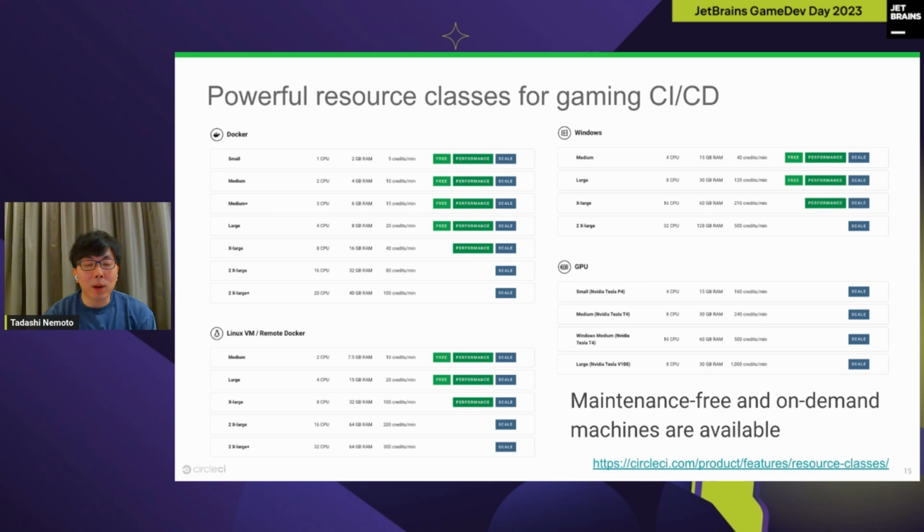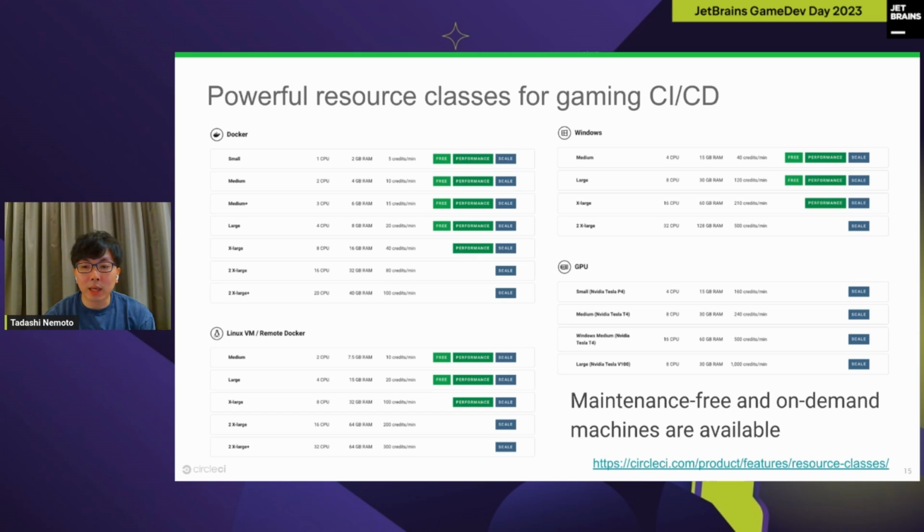CircleCI provides several powerful features, but one of the most effective features for game development is resource classes. CircleCI provides multiple managed build machines, from Linux, Windows, macOS, ARM, and GPU instances.